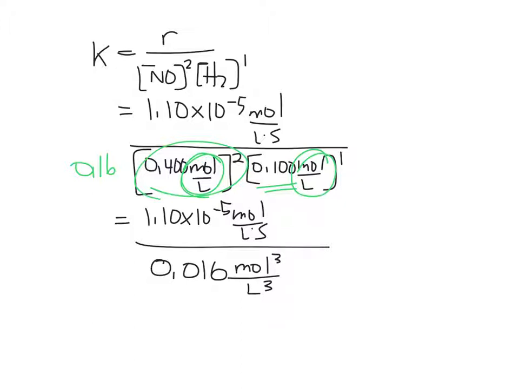You have to do the same math to your units as you do to your numerical values. So 1.1 times 10 to the negative 5 divided by 0.016 is equal to 6.